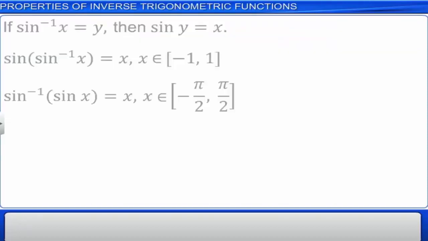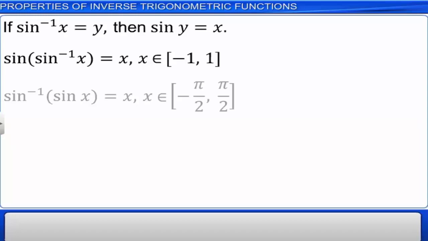Before we begin a discussion on the properties of inverse trigonometric functions, let's quickly revise what you have learned so far. If sine inverse x is equal to y, then sine y is equal to x. Also, sine of sine inverse of x is equal to x, where x belongs to a closed interval minus 1, 1.